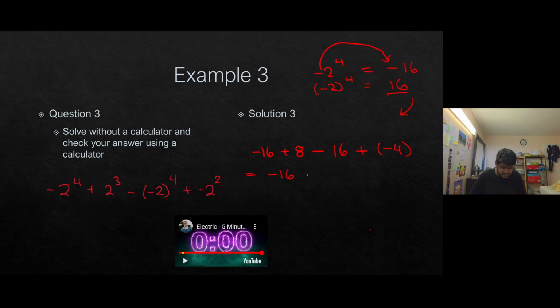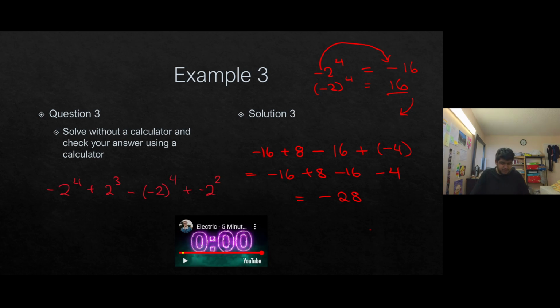So -16 plus 8 minus 16 plus, minus 4. Right? -16 minus 16 gives us -32. -32 minus 4 again gives us -36. And -36 plus 8 gives us -28.